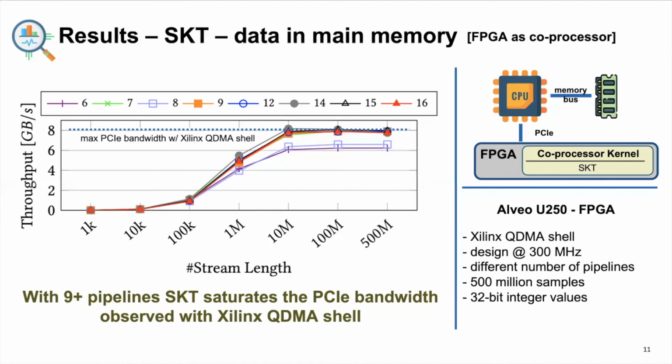The throughput performance with different numbers of pipelines on the FPGA is represented in different colors on the graph. This time, on the x-axis, we represent the number of elements that can be sent to the coprocessor from the CPU. It can be observed that with 9 or more pipelines, SKIT can saturate the PCI Express bandwidth observed within the Xilinx QDMA shell, reaching a maximum of 8 gigabytes per second throughput.